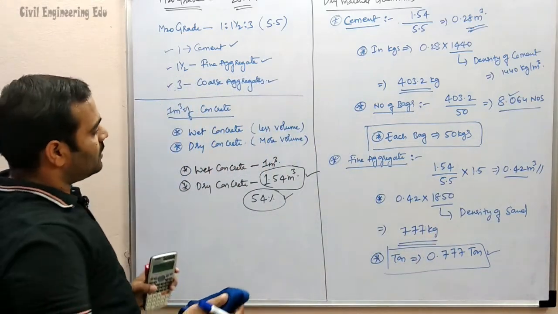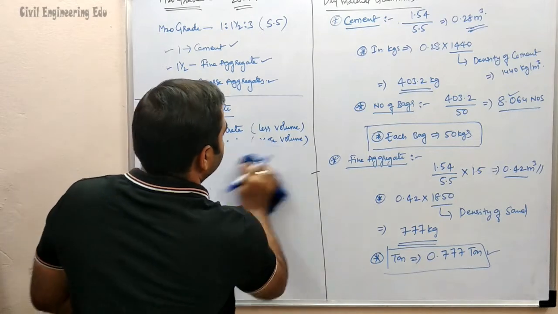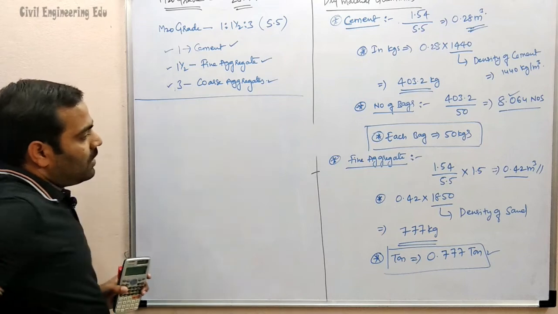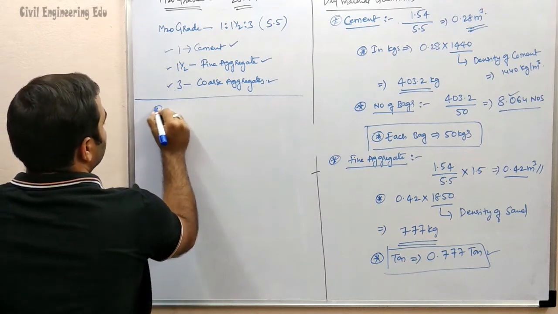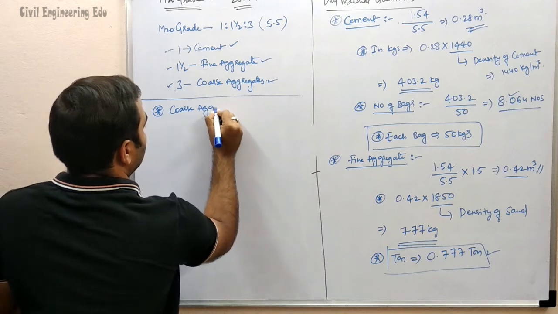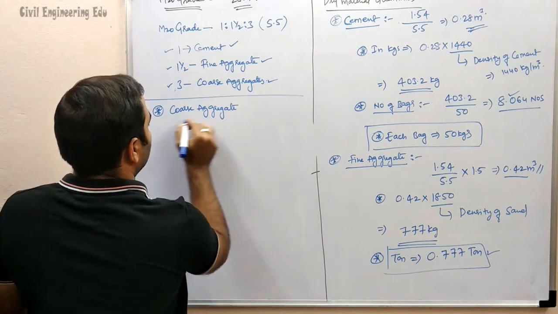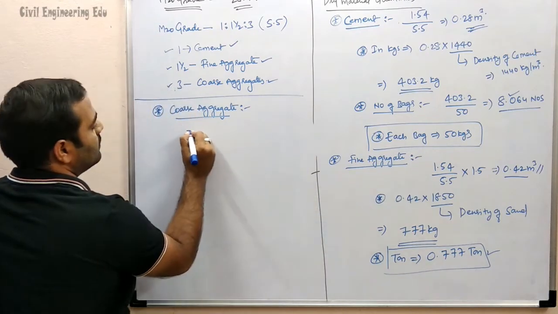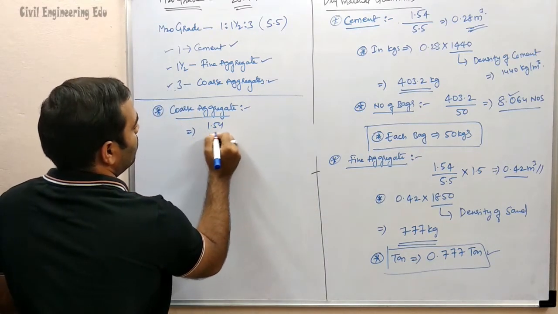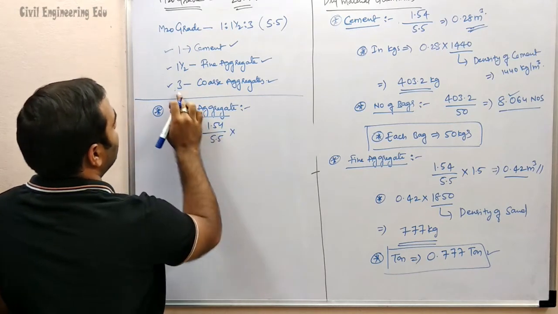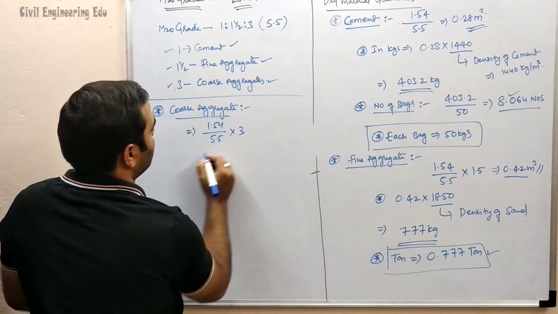Now we will see for coarse aggregate. So in case of coarse aggregate, so here same formula, 1.54 divided by 5.5 into, here we need to take 3.